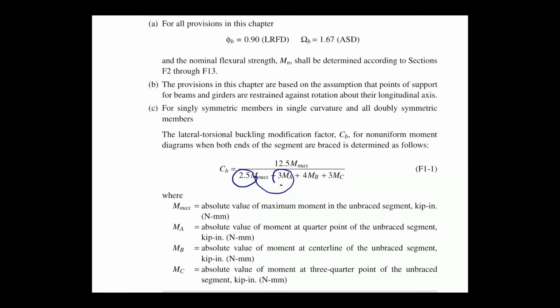If you take 2.5 plus 3 plus 4 plus 3, you get the 12.5, like the numerator part. Okay, so I'm just going to put the frame of this. Not a perfect rectangle. It turns out to be a trapezoidal shape.